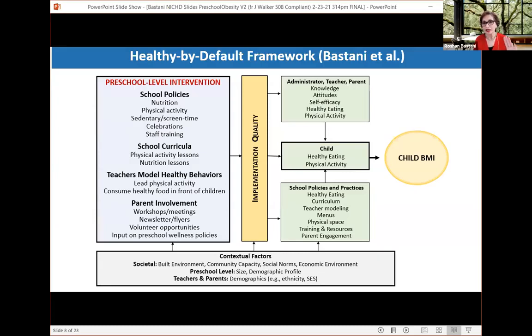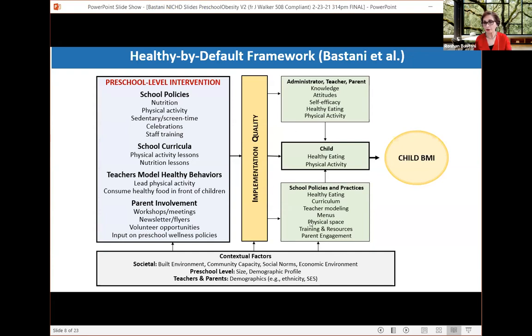We skip now from the blue boxes to the green side. We expect this preschool intervention to create intermediate changes at the level of the school administrators, teachers, and parents. So if we do this well, then we should have better knowledge, attitude, self-efficacy, and so on among administrators, teachers, and parents.